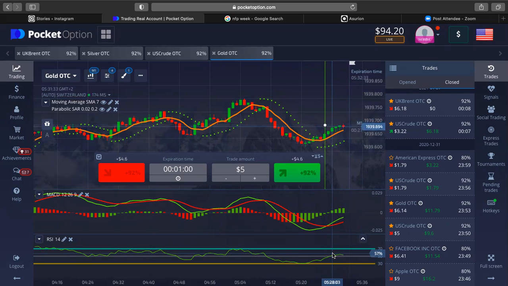Can anybody assume what the third confirmation is? Our third confirmation is that the SMA is going in an upwards direction. Yes, that is correct.